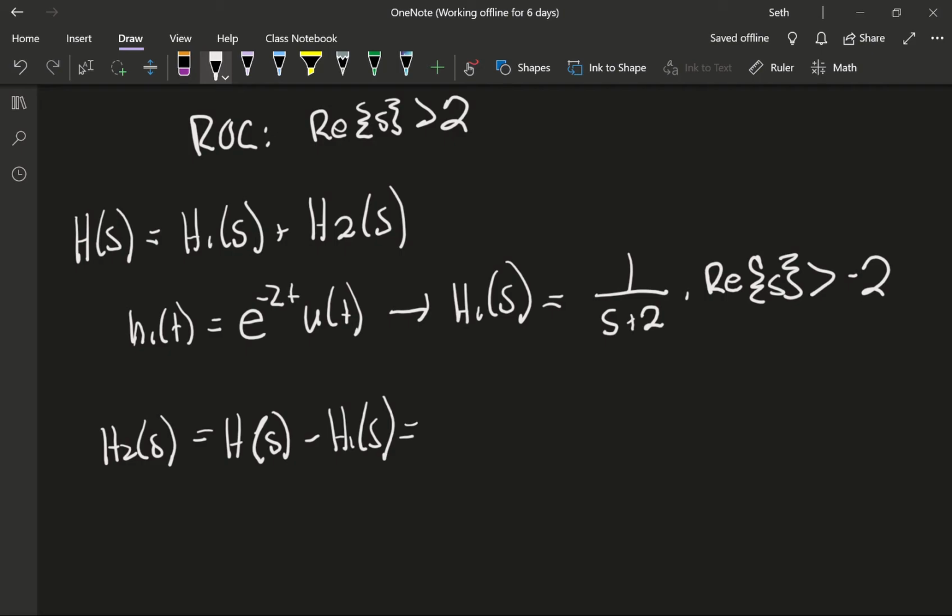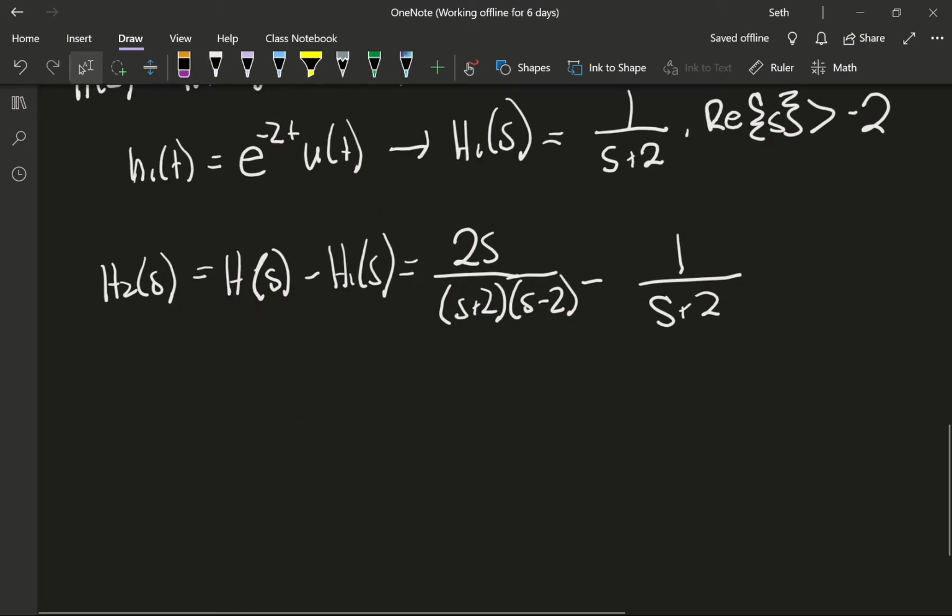H of s was 2s over s plus 2 times s minus 2, minus h1 of s. Okay, we can simplify this.